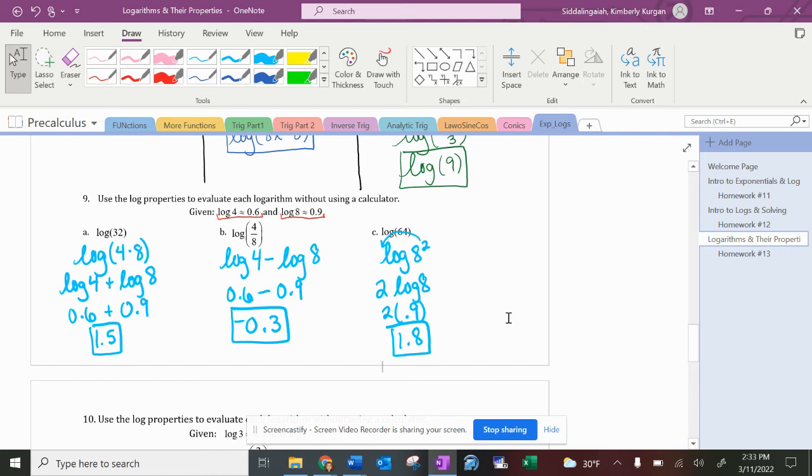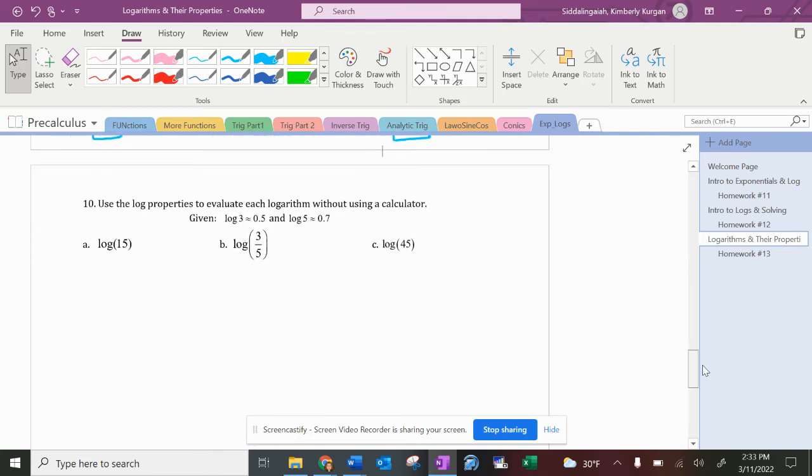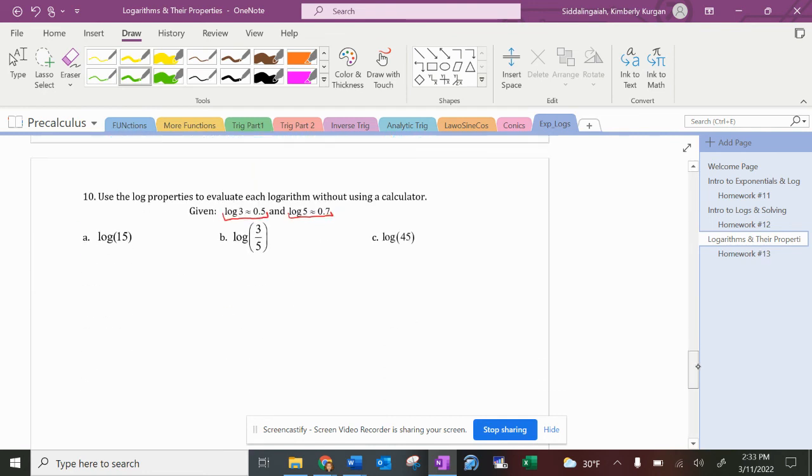All right, let me finish up this last page with you. And again, these may feel a little bit better and more reachable for the properties. So same idea, just different values. Here I'm working with log of 3 and log of 5. So let's get going.